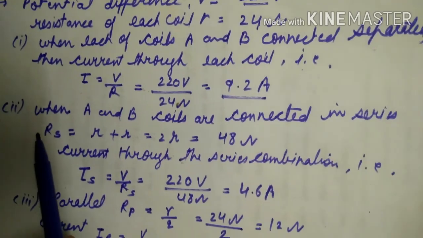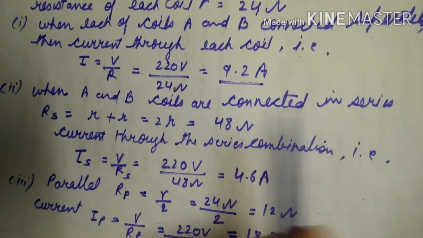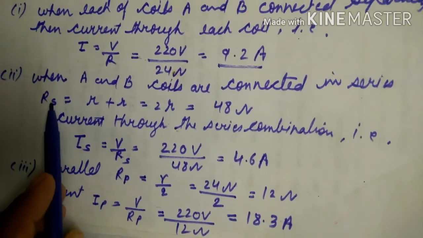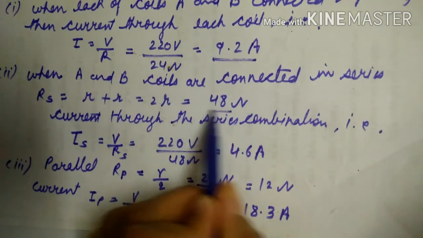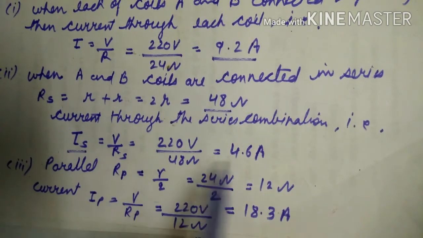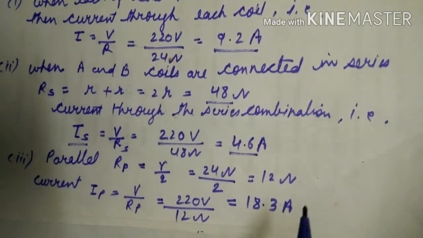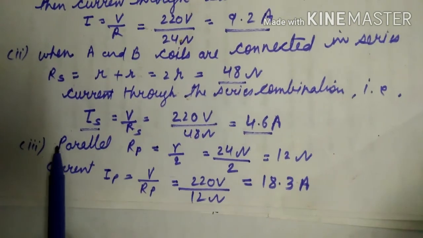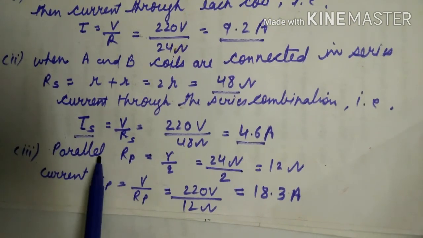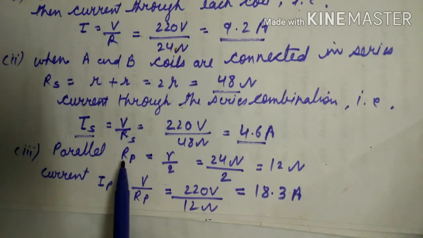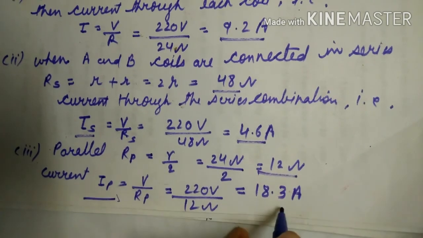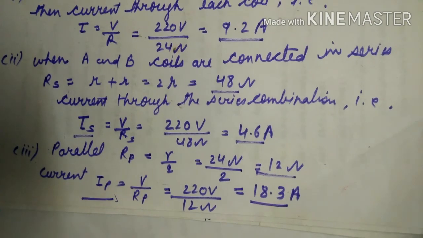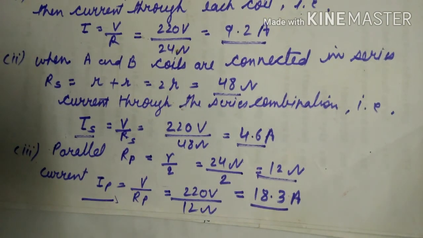For the second case, when they are connected in series, so the total resistance in series, that is 48 ohm, and the current in this condition, that is 4.6 ampere. And when they are connected in parallel, so the total resistance in parallel, that is 12 ohm, and current in this condition, that is 18.3 ampere. It is clear to you?